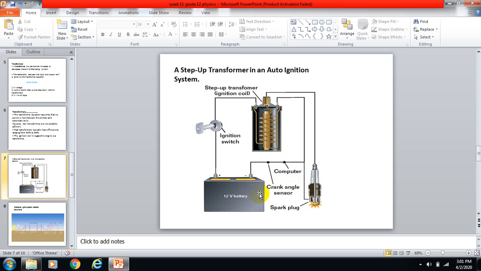And then we have a spark plug. One end of the spark plug is connected to the negative, and it comes to the main system, the ignition system. So it is a kind of step up transformer phenomenon.